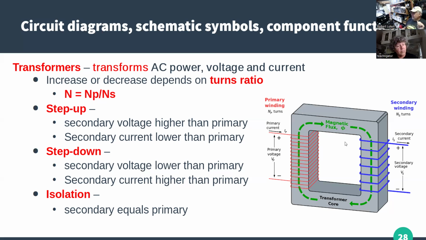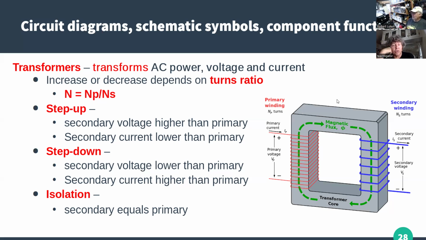If we flipped it around and applied this primary voltage to the secondary, we'd have a higher voltage over here, and it would be called a step-up transformer. So it doesn't matter which way we use it. It's just the turns ratio that determines whether it's a step up or a step down.